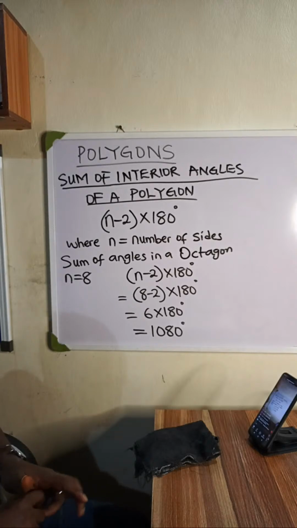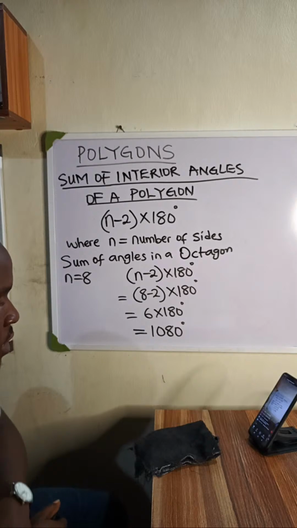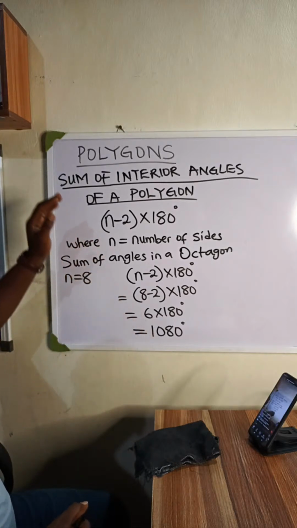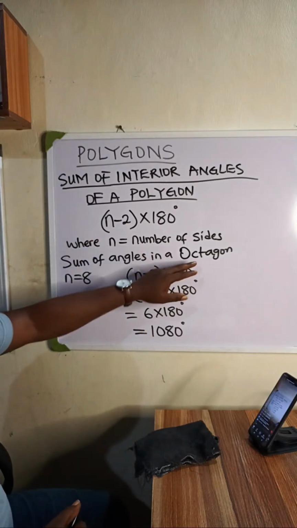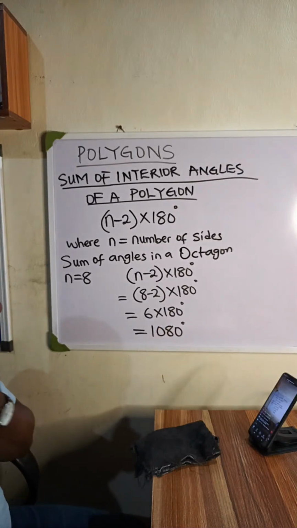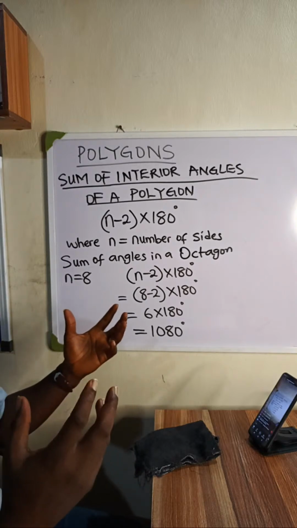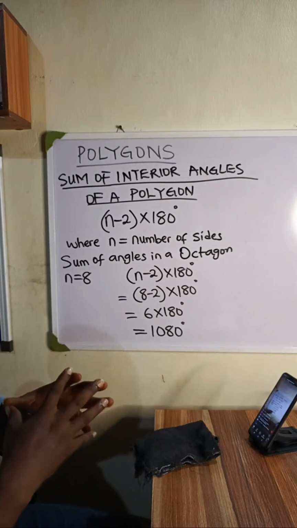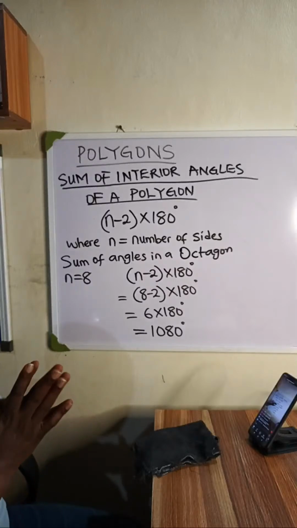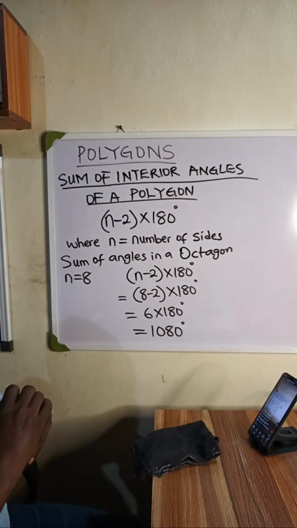Okay, so that means the sum of angles in a pentagon is equal to 540 degrees, correct. And the sum of angles in an octagon is equal to 1080 degrees. This knowledge is going to help us find a missing angle in any of the polygons.